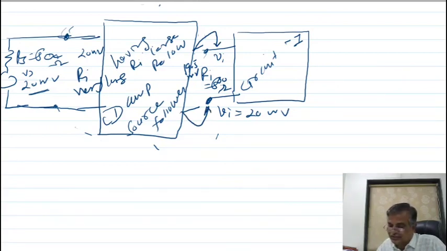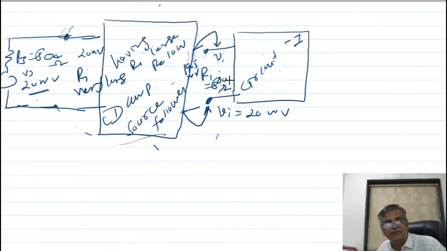So this resistance is 500 ohm. This resistance is very low. As we have discussed for the source follower, the output resistance is very low. So there is no loading effect. So you can match the impedance between these two circuits with the help of the source follower. So this is called an impedance matching device.